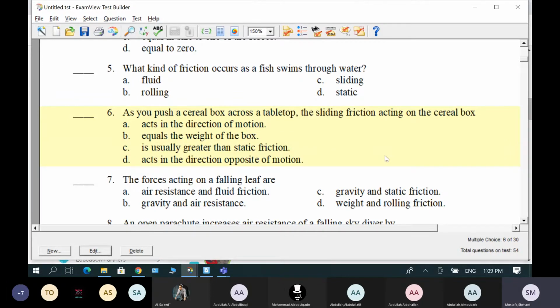Read all of them, Abdulhadi, and choose the right one. Which one is the right one?